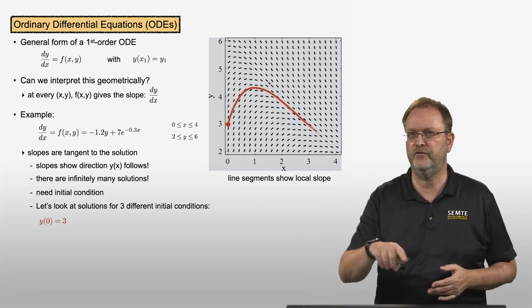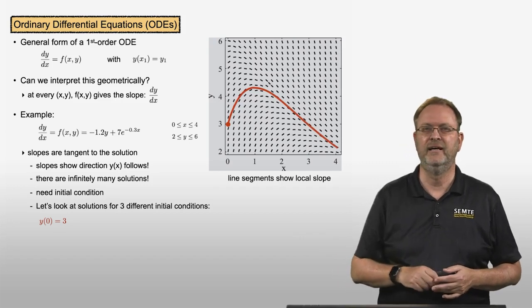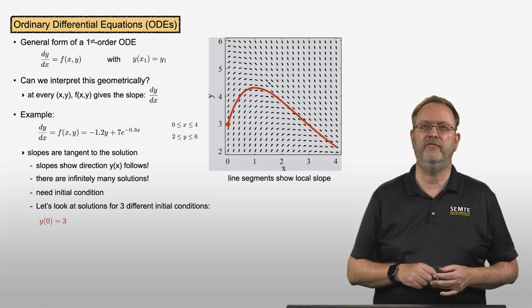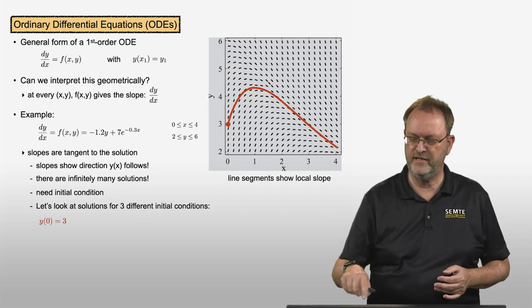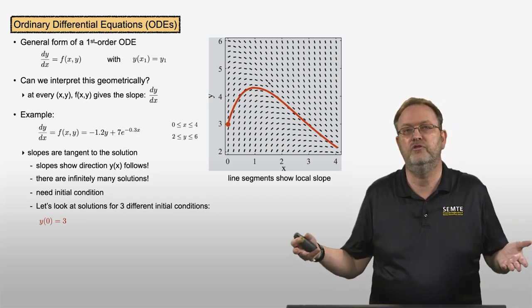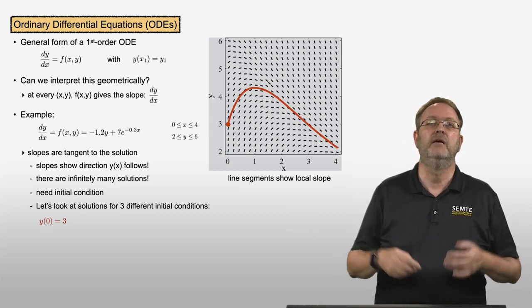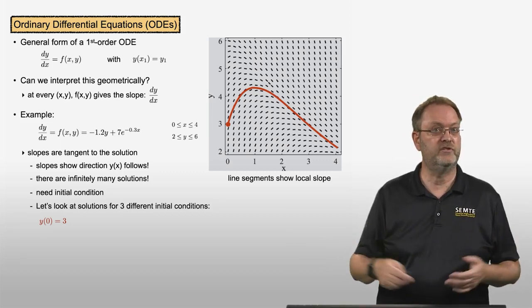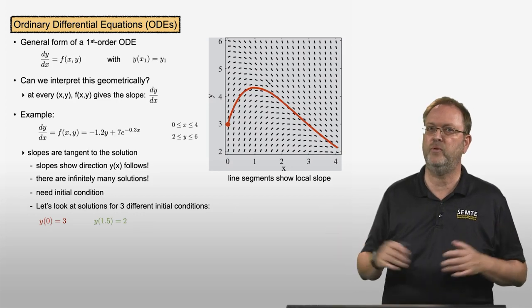So if I try to follow this along here graphically, that would be my function y of x that is always tangent to these indicated slope values. So that would be the solution y of x to this ODE with the initial constraint y of 0 is equal to 3.